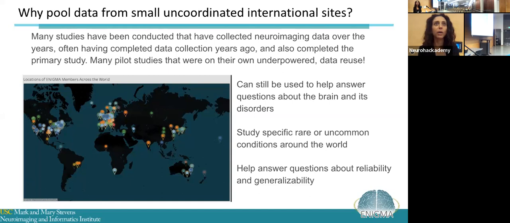So, for example, the UK Biobank is quite a bit healthier than the average population. So you still have a fair amount of individuals with various neurological and mental disorders, but you might not have as many as you would in a large scale case control study, for example.